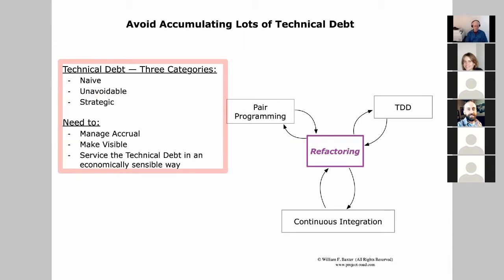And finally, strategic. So we might make a strategic decision to crank out some code to provide some functionality to meet a certain deadline. Perhaps we want to get something into a release. It's really important for the business to get it into the release. And so we indulge in some poor coding practices and we crank out something that works, but we know it's not good.